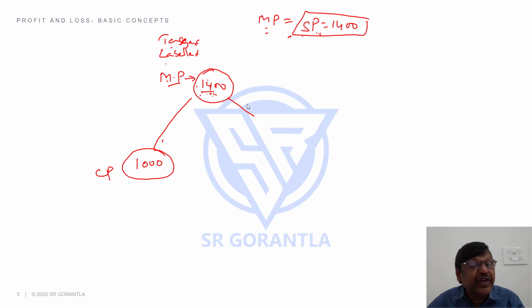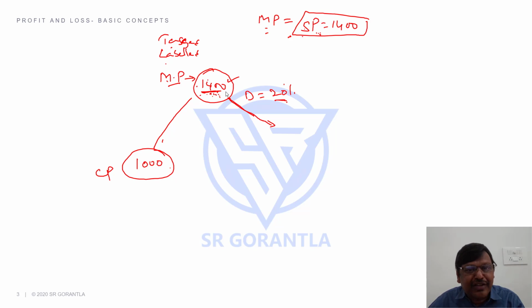Suppose he offers a discount, or as a customer you ask for a discount, so finally he agrees to give 20%. Let us say if he gives 20% discount, then how much do you pay? 20% discount on what? On 1000 rupees? 1000 rupees is the price we don't know. The only price we know is 1400, right?